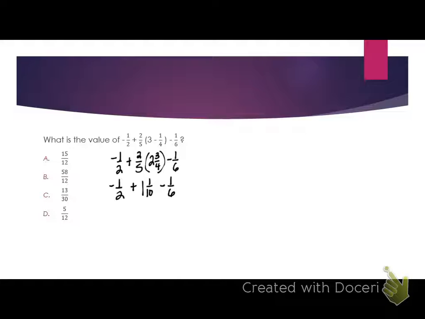We now would do negative 1/2 plus 1 1/10 minus 1/6, which gives us 13/30. You now have the ability to use a calculator, so at this point I would recommend putting this in your calculator for time management purposes.